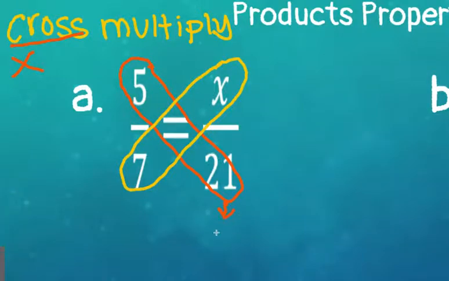So I'm going to multiply those together and get 105. And then I'm going to multiply 7 and x together, and that's going to give me 7x. Because this is a proportion and it has an equal sign up here, we can put an equal sign in the middle of those two products.